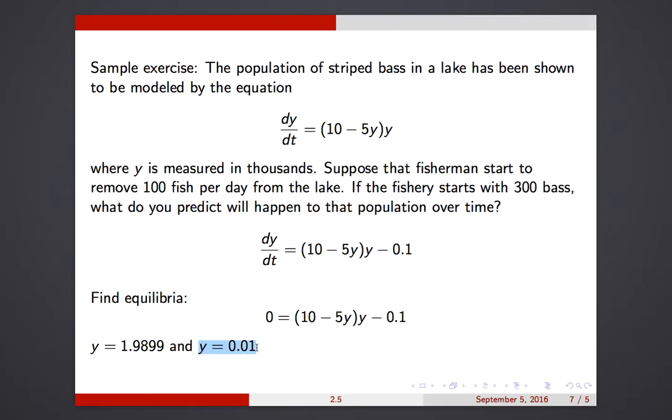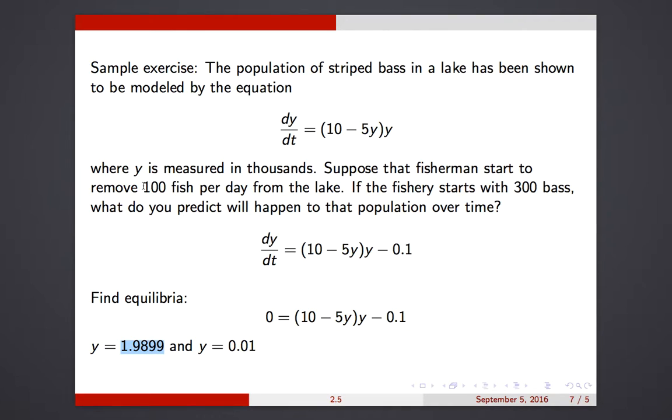One of them is not extinction anymore. It's actually, okay, so things are measured in thousands. So this is saying that y equals 10 is an equilibrium. So it's actually possible if you start with 10 fish, you can remain at 10 fish in perpetuity. That's kind of odd, but that's what falls out of this. But the more relevant equilibrium for us is this one, y equals 1.9899.